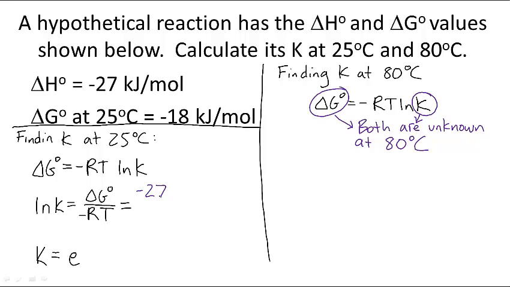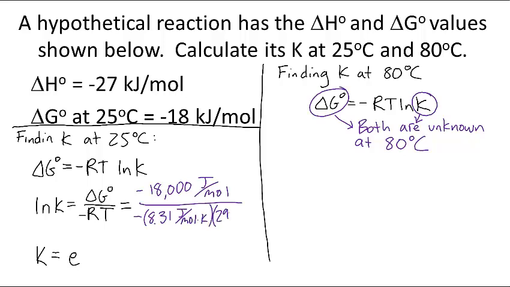So negative 18,000 joules per mole divided by negative 8.31 joules per mole Kelvin times 298 Kelvin.